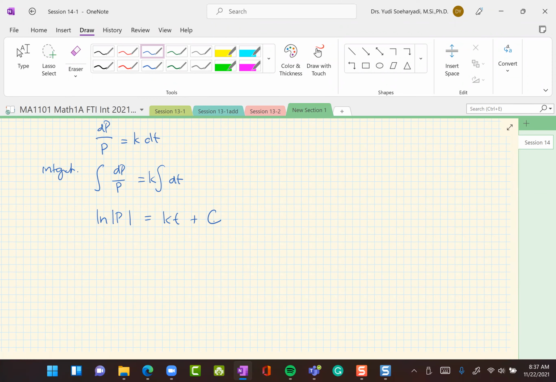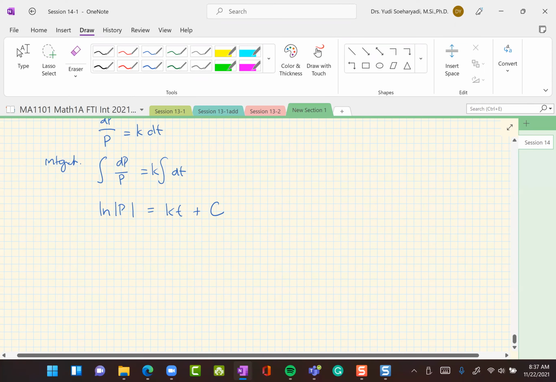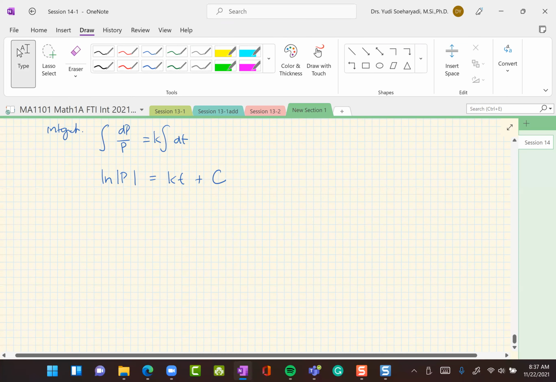Here, because P is always non-negative, since it is a population size, the absolute value is just P itself.